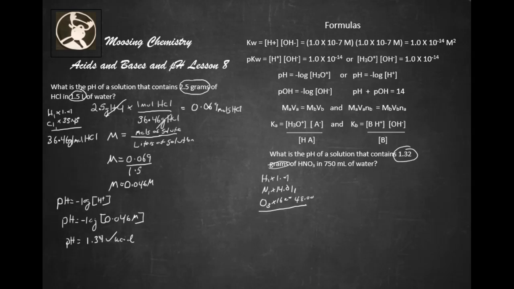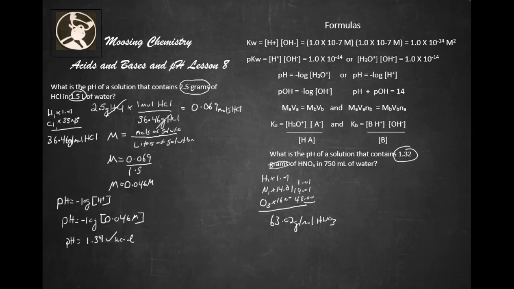We add them all together: 48 plus 14.01 plus 1.01 gives me 63.02 grams per mole of HNO3.